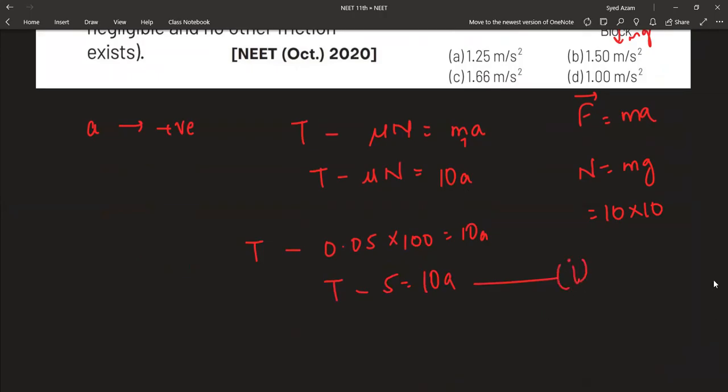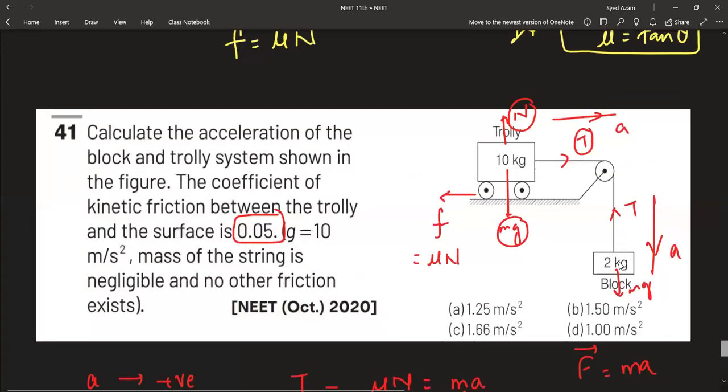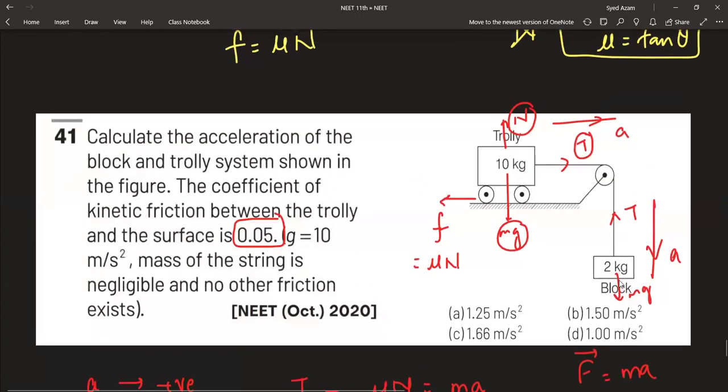Now I have taken the trolley part. Now I'll take this block. In this block, which force is acting along the acceleration? Look in the figure. Tell me here in this block part. Which force is acting along acceleration? Gravity, mg. Yes, gravitational force. So mg will be positive this time and tension will be negative this time.